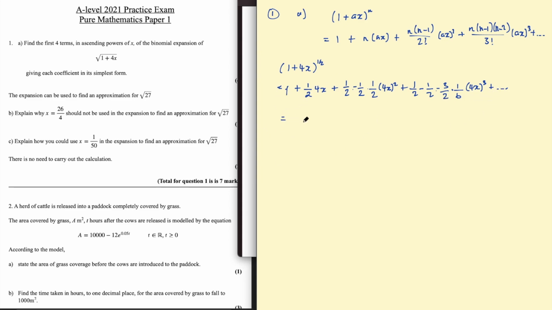Okay, let's go ahead and simplify. So the 1 stays as is, 4 on 2, we can write as 2x. The second term is going to be negative 1/8 times 16, 4 squared is 16. So 16 on 8 is 2, so this will end up to be negative 2x squared. For the third term, I'm going to cancel that 3 with the 6.